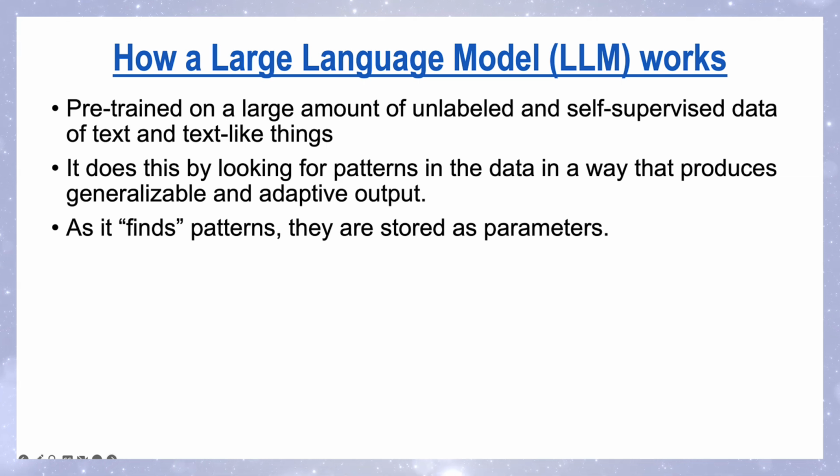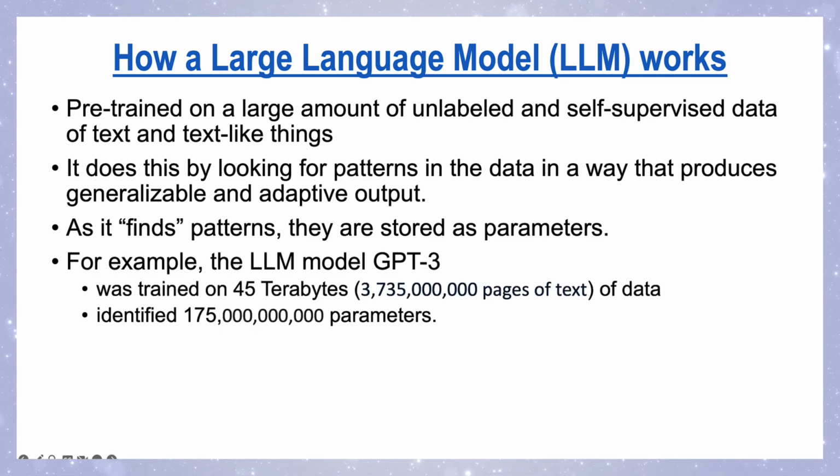And we're not going to get into how they find the patterns. I'm just going to talk about concepts. But for example, the large language model GPT-3 was trained with 45 terabytes. That's that many pages of text, and identified that many parameters.